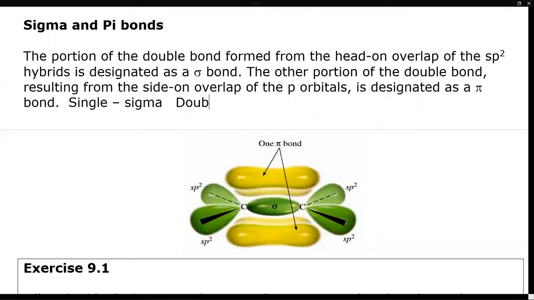A double bond is a sigma and a pi. A triple bond is a sigma and two pi bonds. And so once you get the Lewis structure, all you really have to do is count and you can get those.